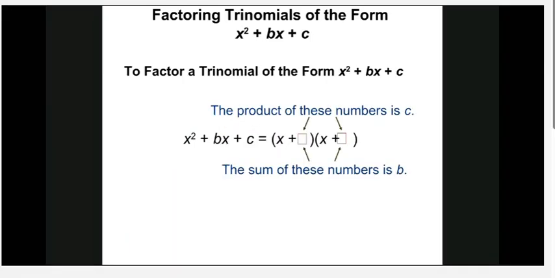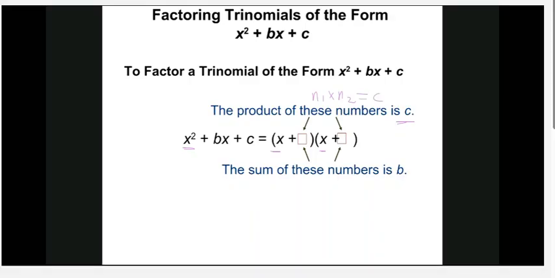All right, so that means we have an x squared. We're going to factor it into x and x. That's our first term here, and we're going to factor c into two numbers. These two numbers multiplied will equal c; we'll call them number 1 times number 2 equals c.